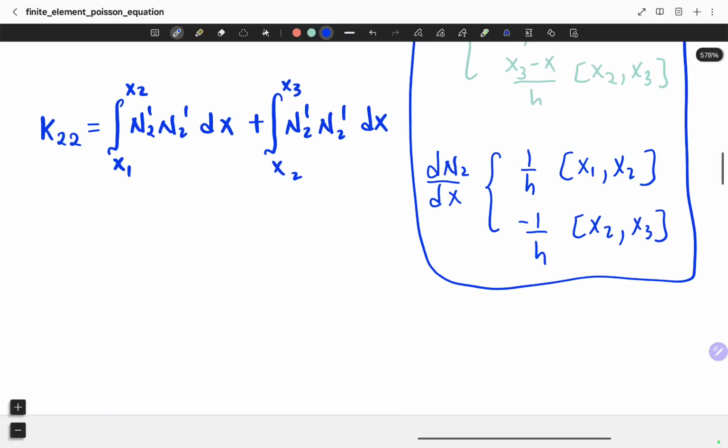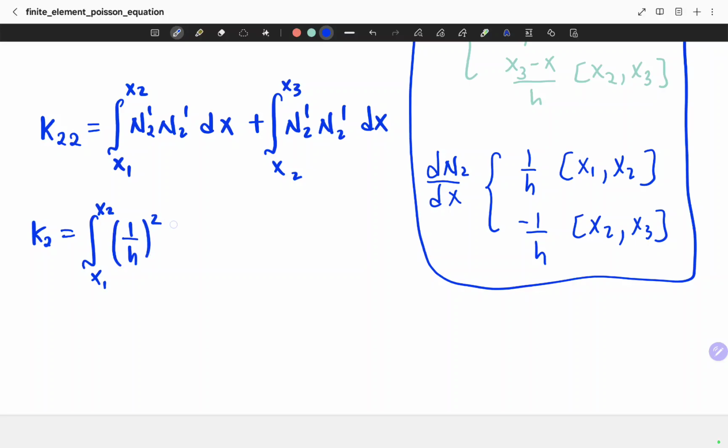But we already know this, so you're going to integrate from x1 to x2 1 over h times 1 over h, which is going to give you 1 over h squared dx, plus the integral from x2 to x3, this is 1 over h but it's squared, so minus 1 over h squared dx.